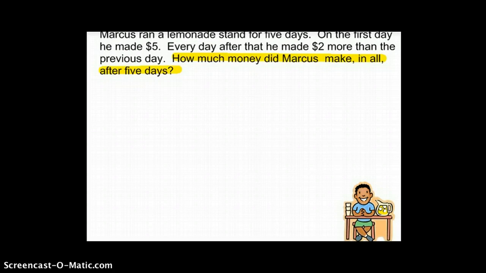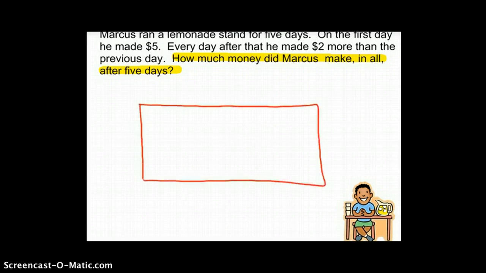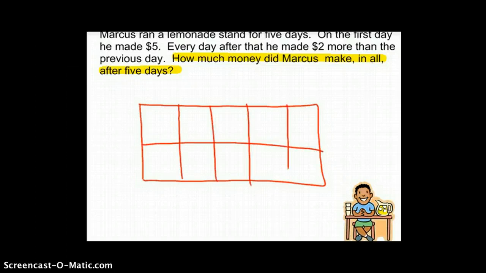Now I'm going to use a table to organize this information. He had his lemonade stand for 5 days, so I'm going to go ahead and make a table. I'm going to have days here, and this is money made.